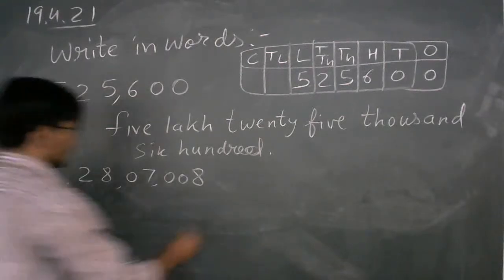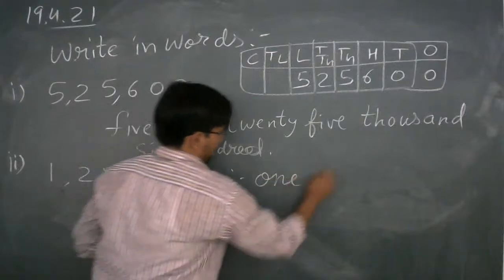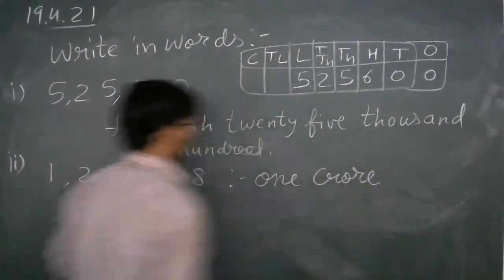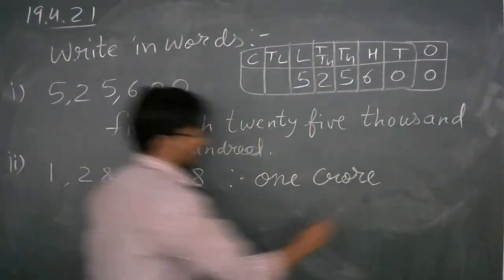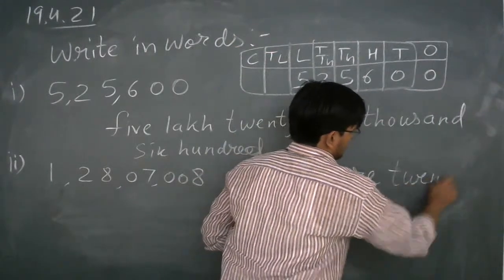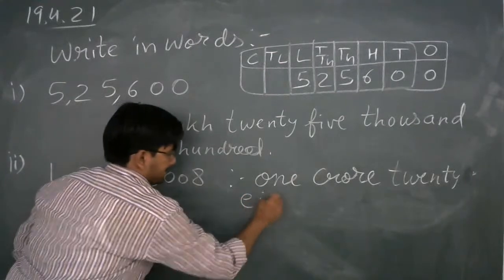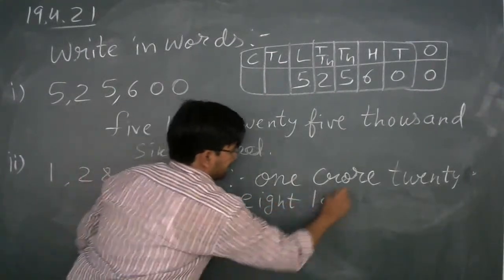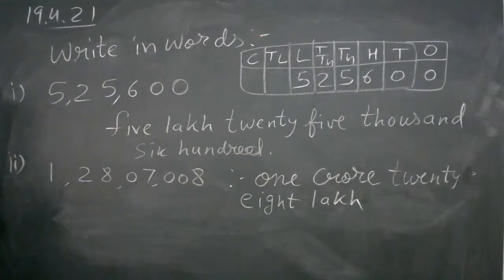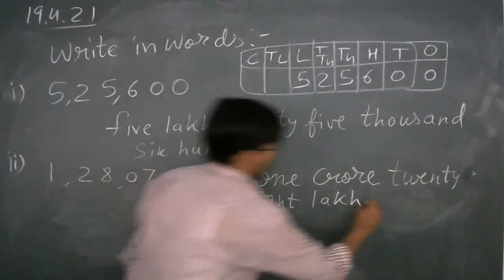Fine, it is written like this. 1 crore 28 lakh 7,008.